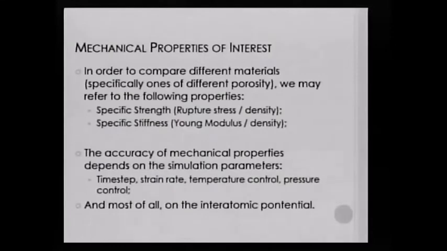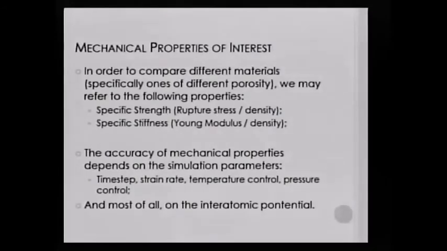Normally, when you compare a material that is not porous with one that is porous, the porous material is much weaker. But when you compare their specific strengths, you can see if the porous material is being more weakened than normal by the fact that it's porous. So this allows us to make a more fair comparison between these two.